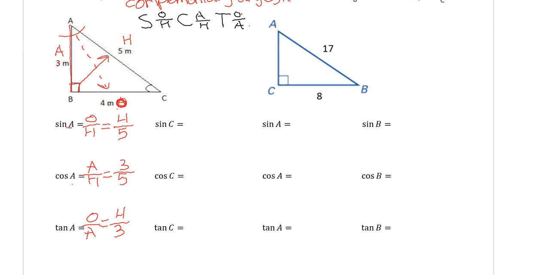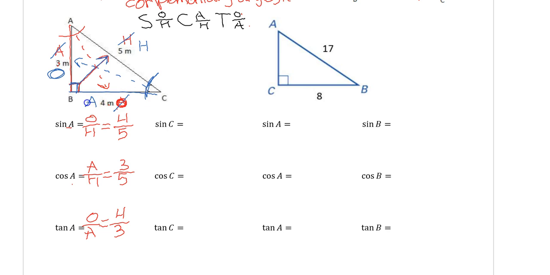Now, I want to find the sine of C. So, I have to ignore these and relabel my sides, because I'm now looking at this angle C. The one nice thing is my right angle hasn't moved. My hypotenuse is still the same. But now, going across from angle C, this is now my opposite side.